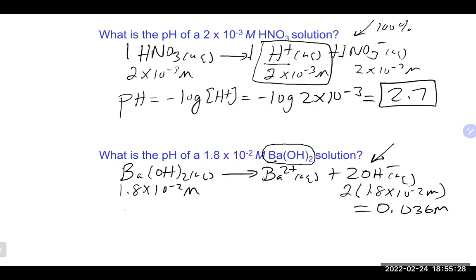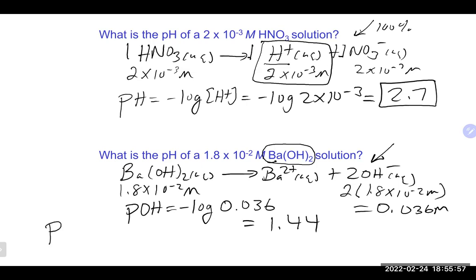That is the correct one that should go into your pOH, which will be minus the log of 0.036. And that gets you, call it 1.44 for the pOH. If by some chance you thought that was the pH, that should not make sense to you, right? Because that would technically be an acidic pH.